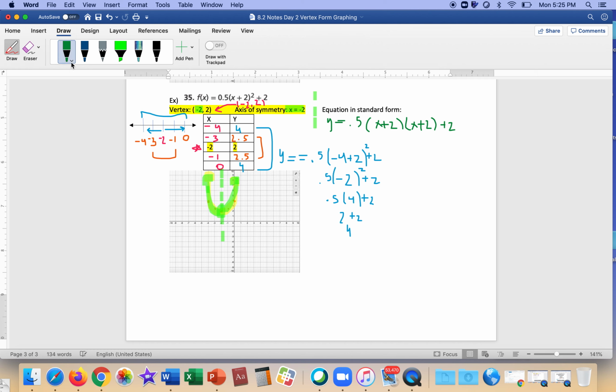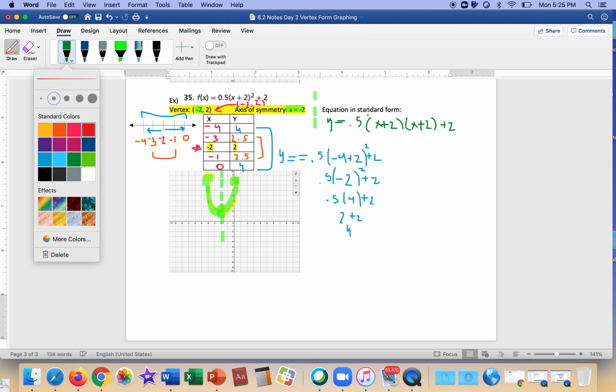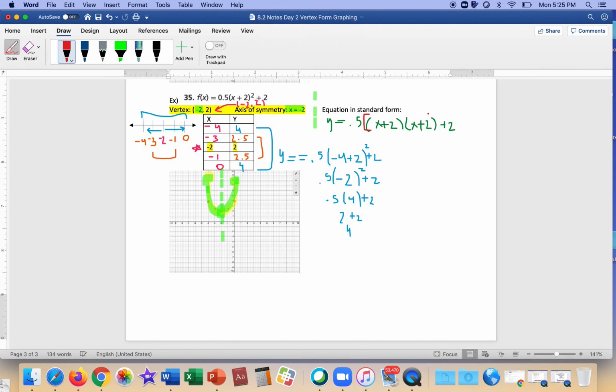We're going to FOIL next. So when we FOIL, if we do x plus 2 times x plus 2, we'll get x squared plus 4x plus 4. And in front we have the 0.5, behind we have plus 2.